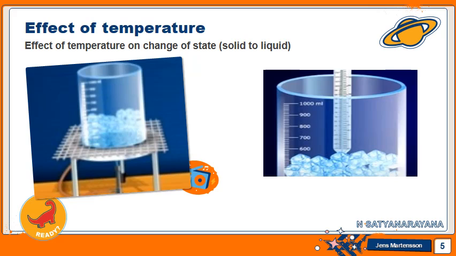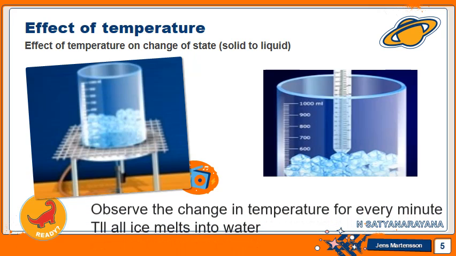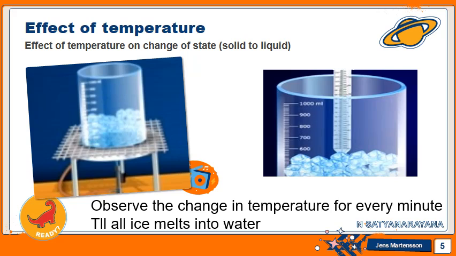What you will observe is that the temperature slowly rises, which means the ice gains heat energy. So the heat energy is increasing. Slowly the temperature rises every minute, till all the ice melts into water.